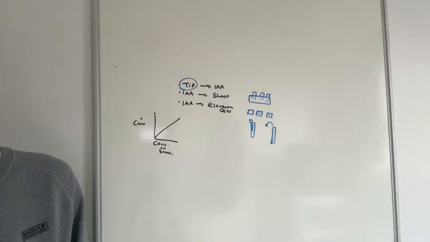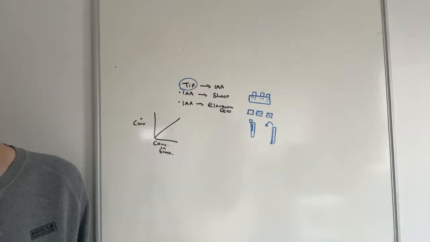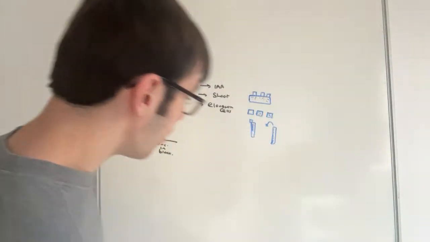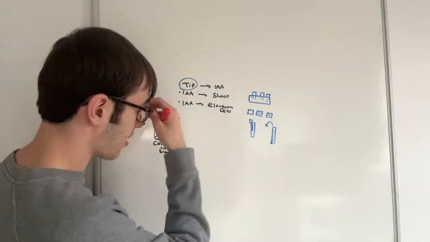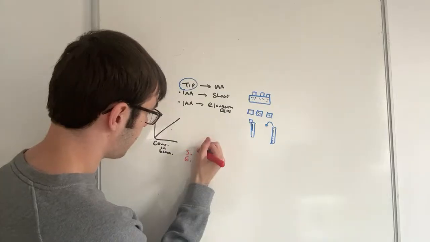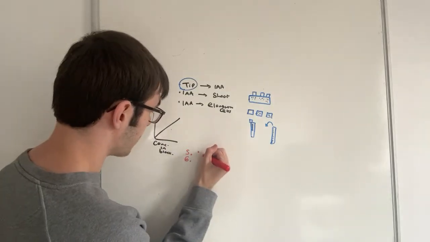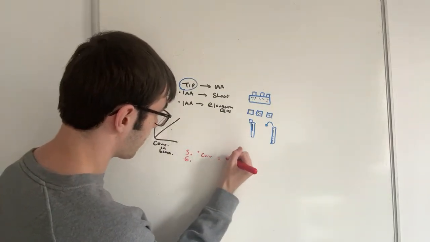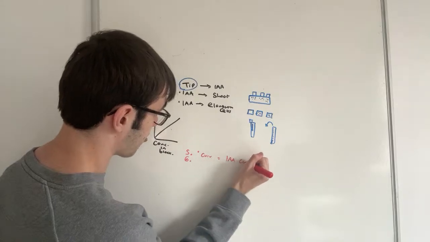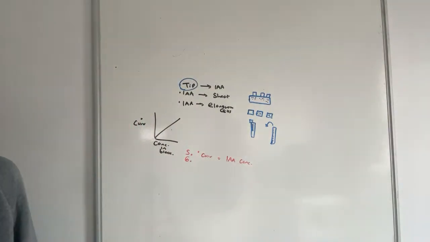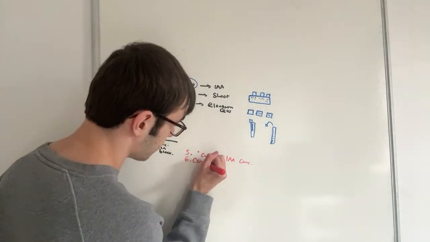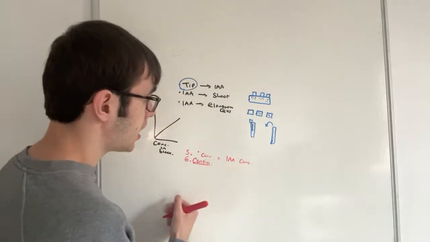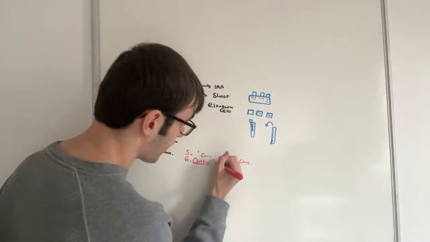Obviously, I know what our conclusion is going to be. It's going to be that the one with the more significant degree of curvature is obviously going to have the higher IAA concentration. All variables that should be controlled. I'm going to guess we would control the time left in the dark.